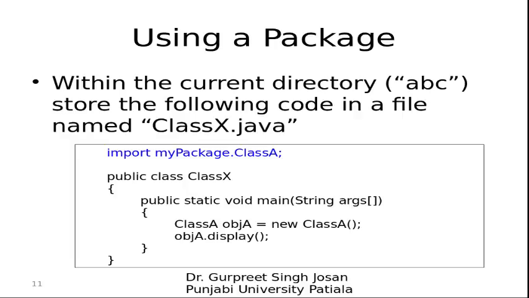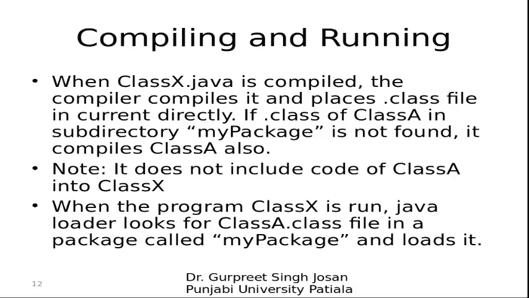If A.class is not available in the mypackage folder, then it will try to compile A.java and automatically create A.class. And if A.java is not available in the mypackage folder, only then will it give a compile time error. So when you compile the class X program, it will automatically create the class files of all the dependent packages.